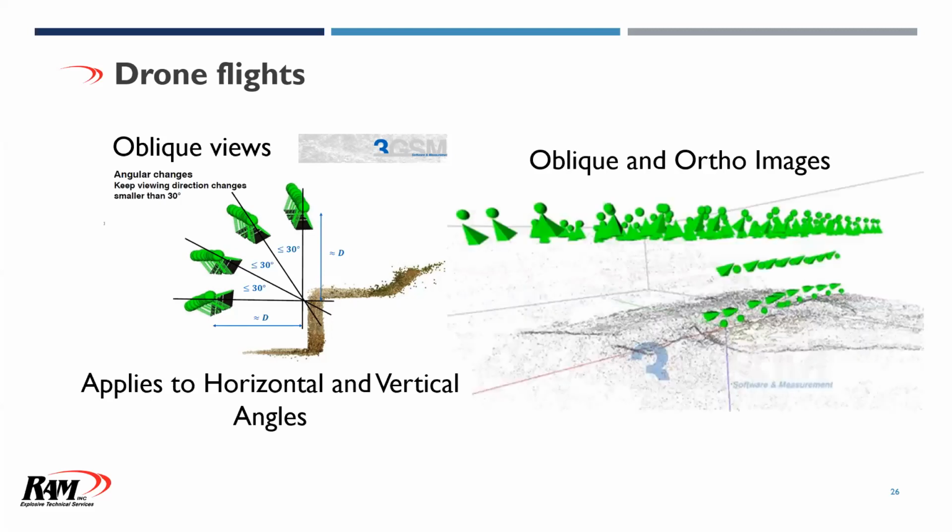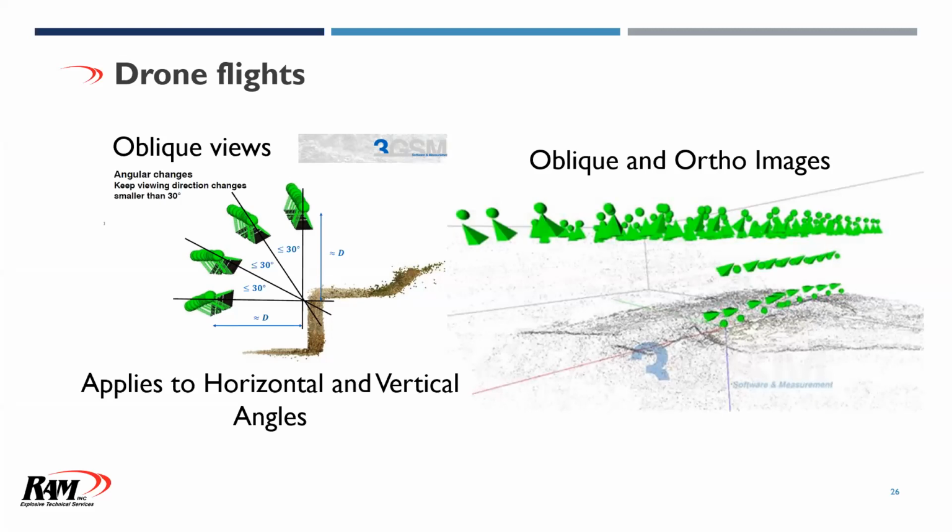Once we've done that, all those images can then be put in one file and processed. So what it'll do is it'll process both the orthos and the oblique images together and generate one single model out of it. But again, the consistency in your flying becomes critical.